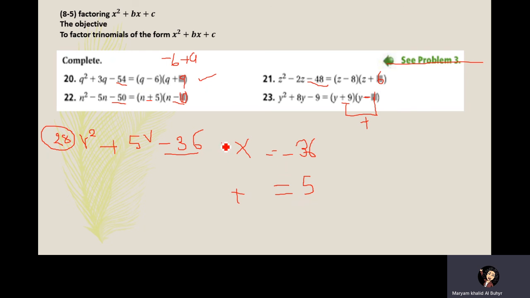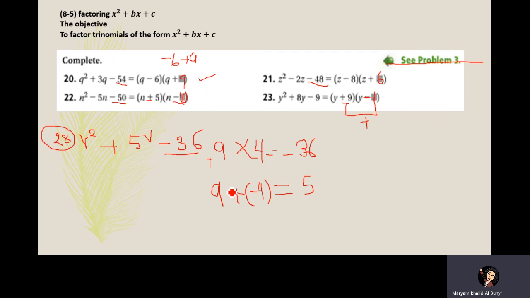You can say immediately 9 and 4. But which one of them should I make negative? I should put the negative on the small one. Why? Because if I add them, I need to have +5. So I will keep +9 and -4. So 9 plus -4 will be 5.